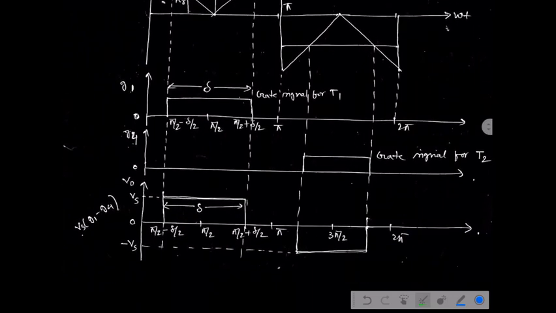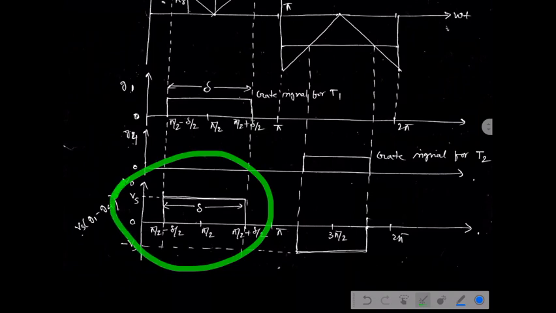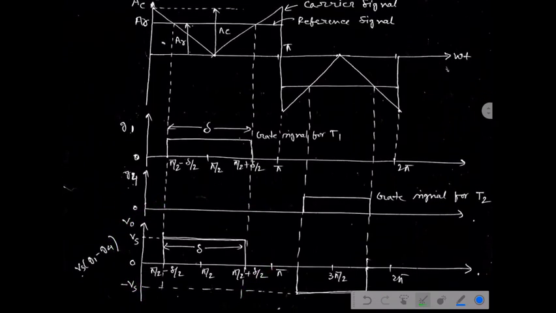As for each half cycle it provides one pulse, that is why this is called single pulse width modulation.